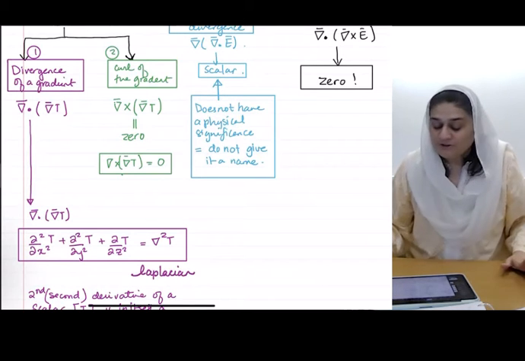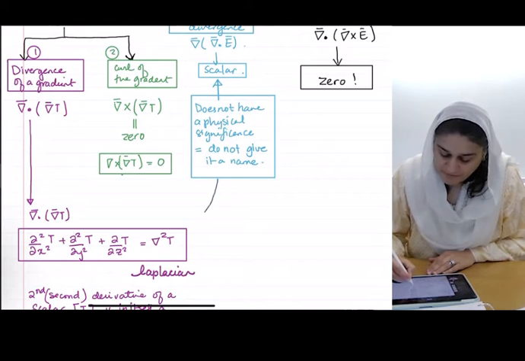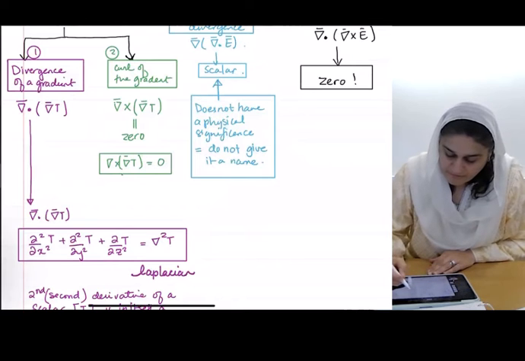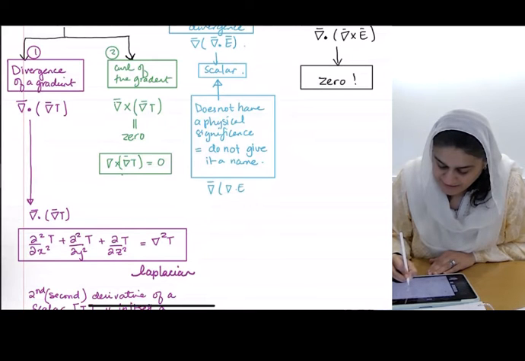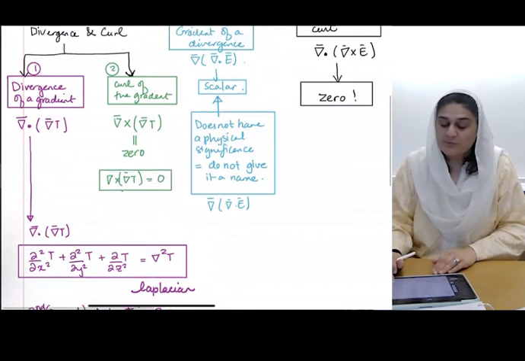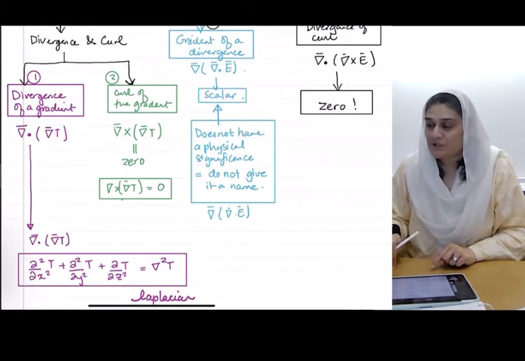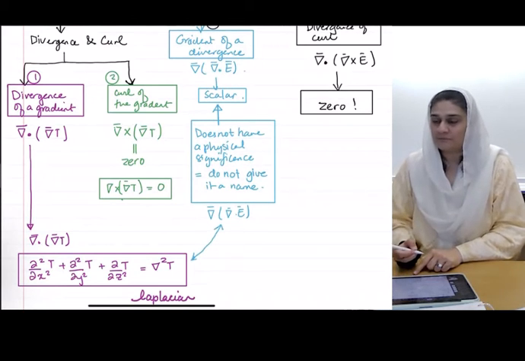Okay, I want to also mention one other thing about these two. If I write this as del dot del E, which was the gradient of a divergence, please note, these two are not equal.